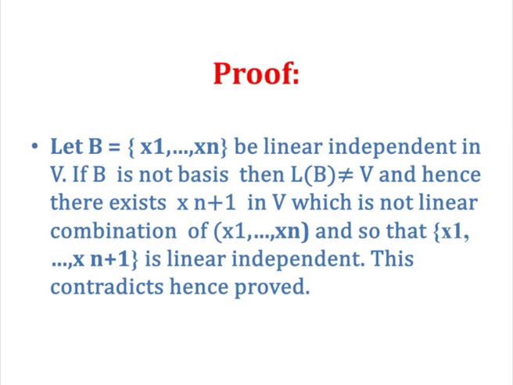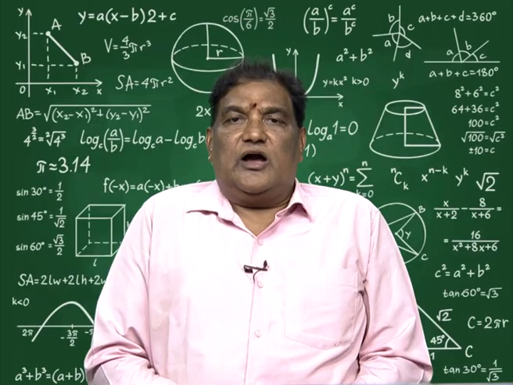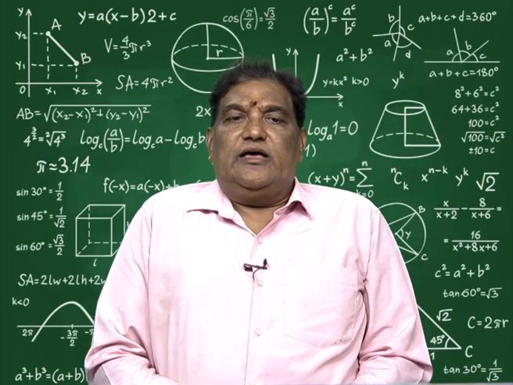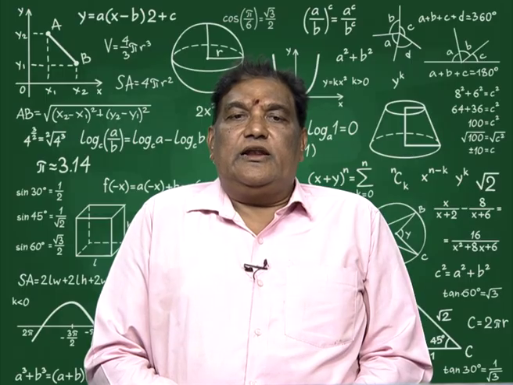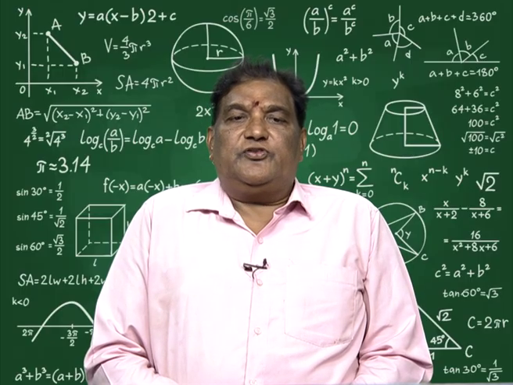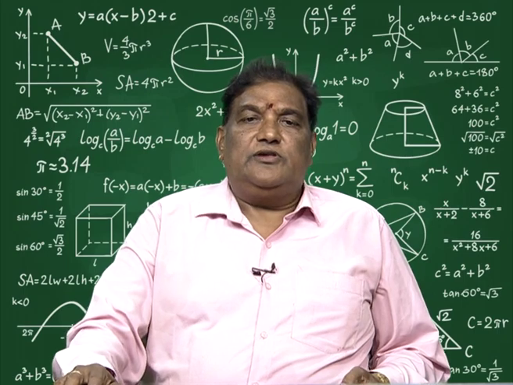Let B equal to x1, x2, etc., xn be linearly independent in V. If B is not a basis, then L of B is not equal to V, and hence there exists x n plus 1 in V, which is not a linear combination of x1, x2, etc., xn, so that x1, x2, etc., x n plus 1 is linearly independent. This contradicts the dimension, hence proved.